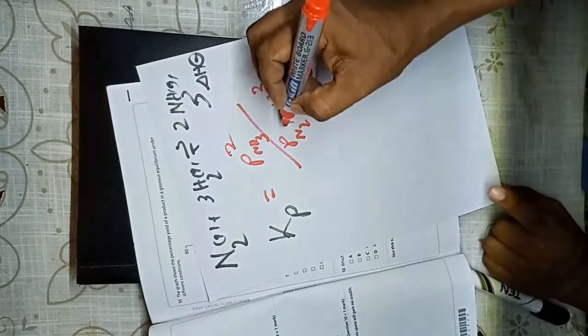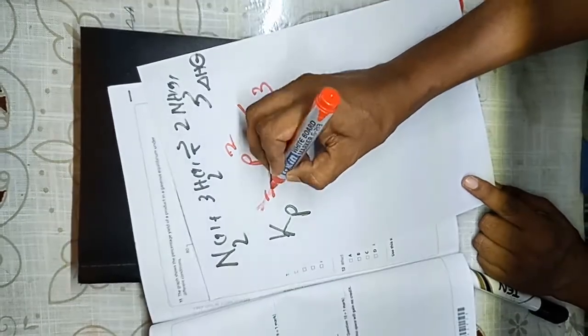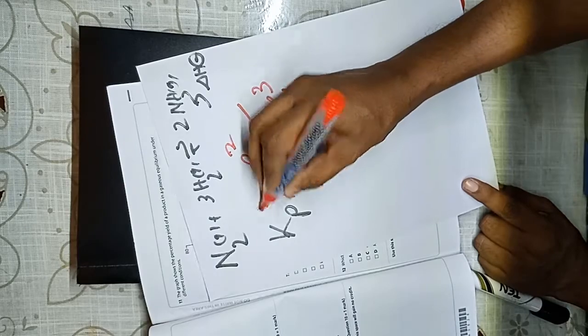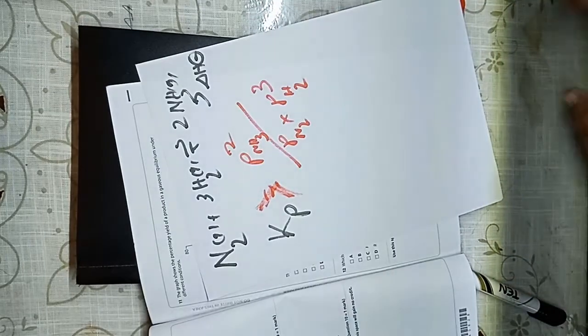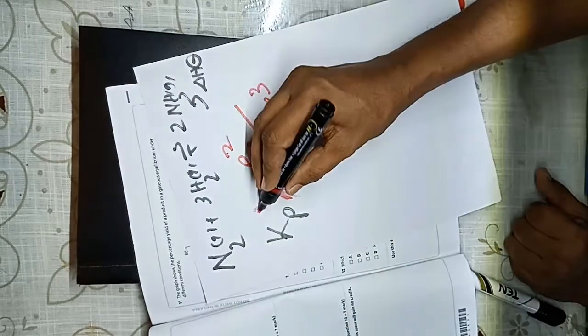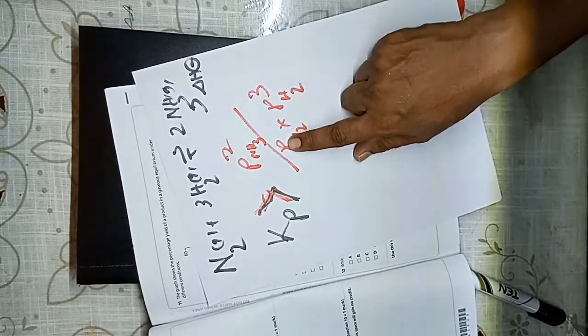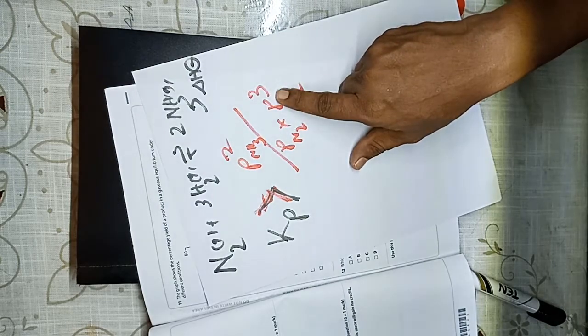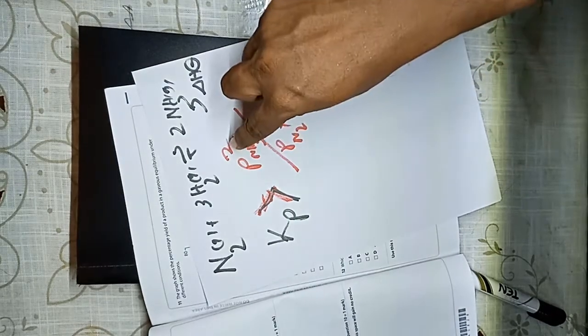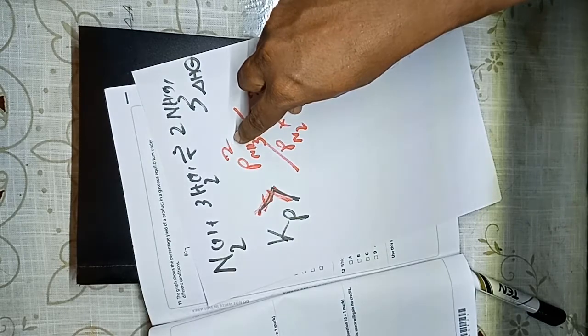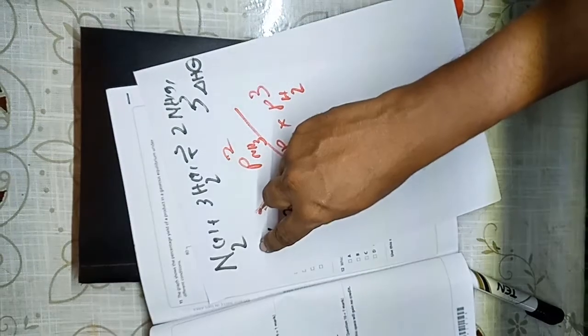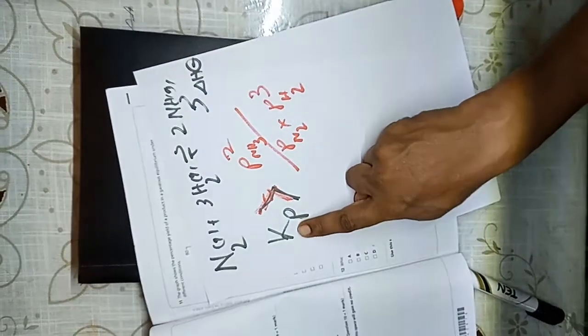Now, this particular value is less than Kp. Kp is a constant. When the pressure increases, the denominator increases to a great extent. Therefore, the quotient of the Kp expression becomes less than the real Kp value at that particular temperature.